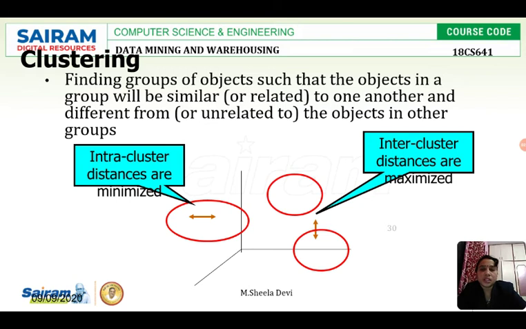If the data is closer to the properties defined for a particular cluster, then the distance between the objects within the cluster is minimized. That is intra, within the cluster. Within a cluster, as the similarities are higher, the distance will be minimum. As the similarities are less, the distance will be high in case of intra-cluster.